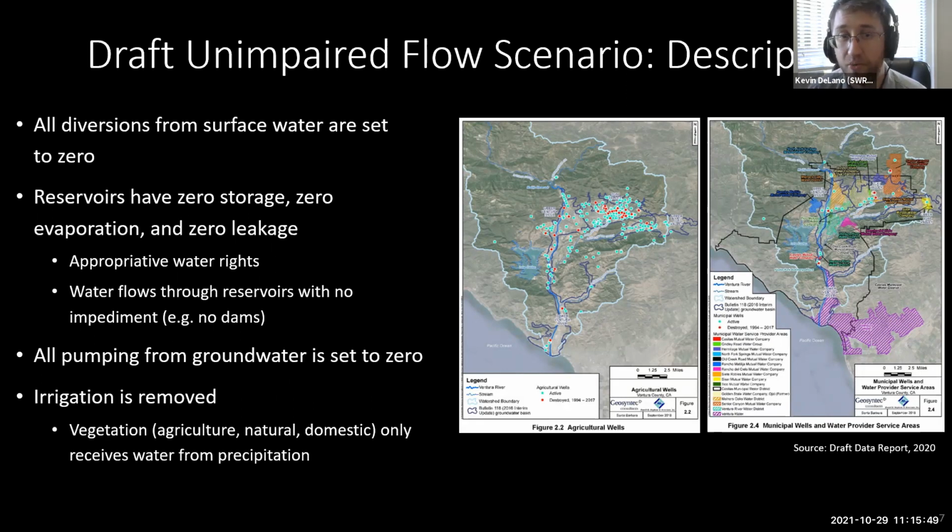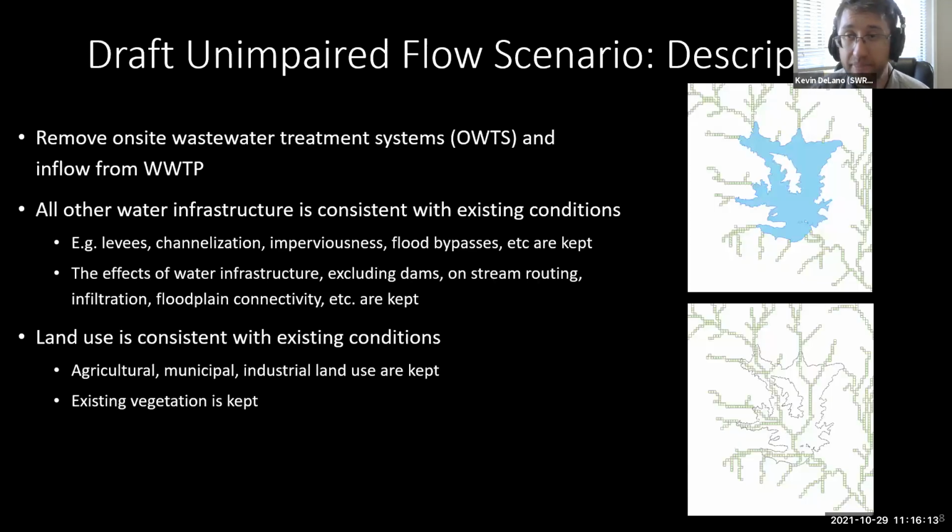This scenario removes reservoirs as places that store water, because those are appropriative water rights, and all surface water rights are set to 0. There's no irrigation under the scenario, but all land use is otherwise kept. So native vegetation, agriculture, ornamental vegetation, all use water that comes from rain and is tapped from the groundwater.